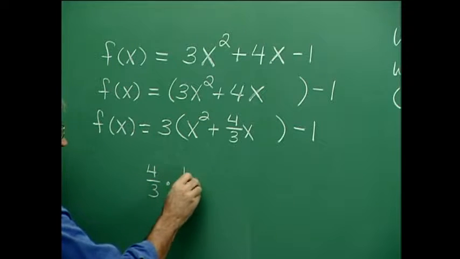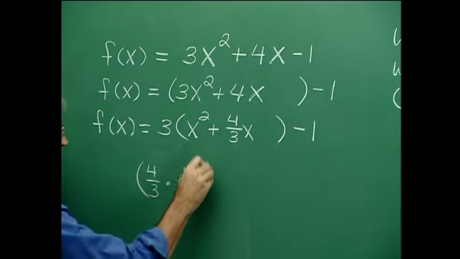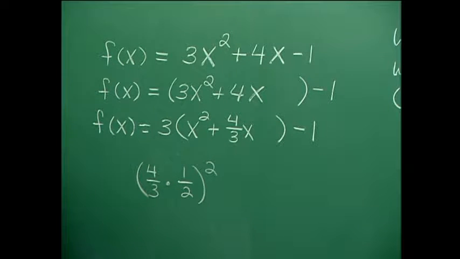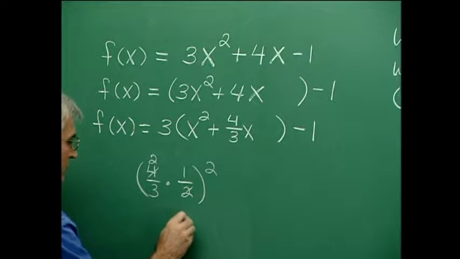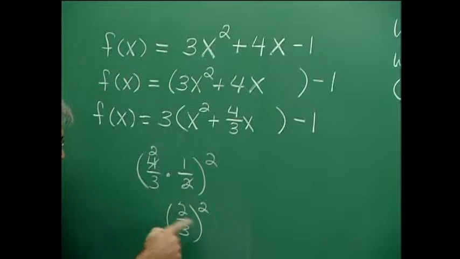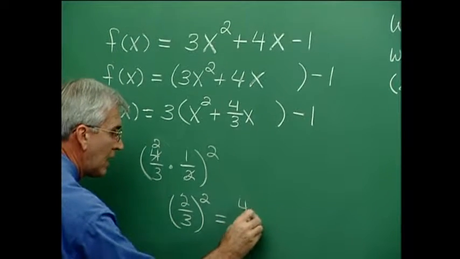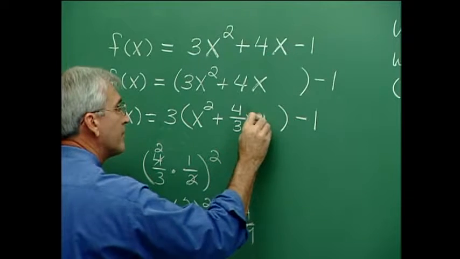We're multiplying by 1/2, and then whatever we get here, we're going to square. So that's the idea. The 2 and the 4 cancel, that's 2/3. So we have 2/3 that's being squared. And 2/3 squared is 4/9. So we're really adding 4/9 in here.